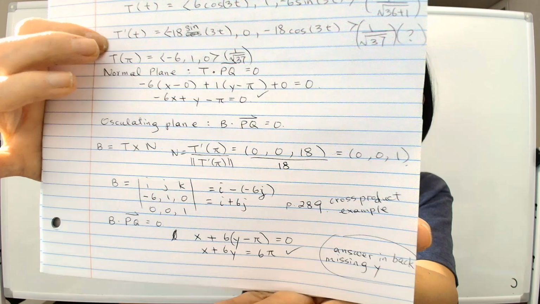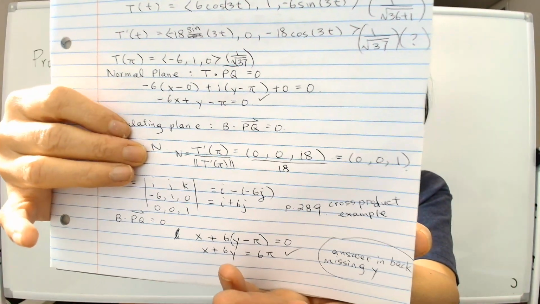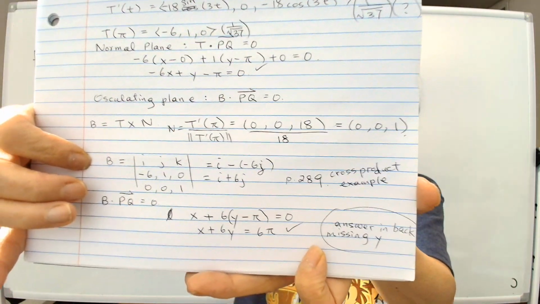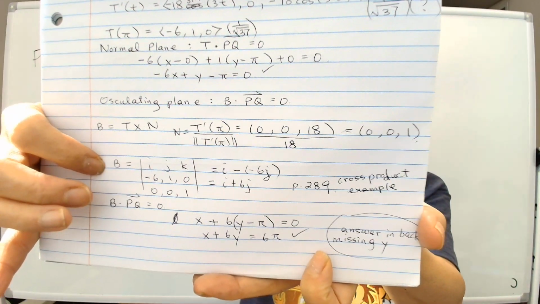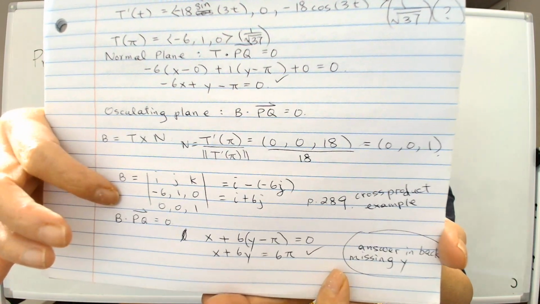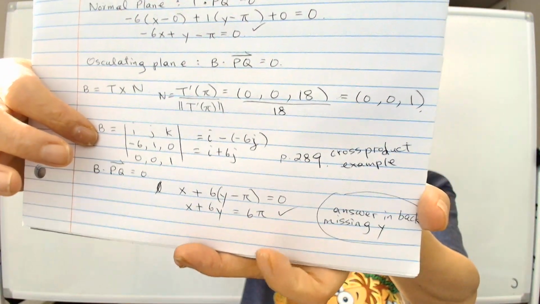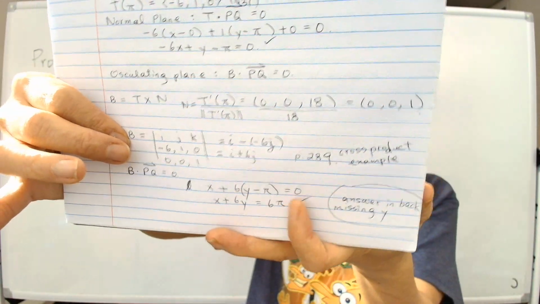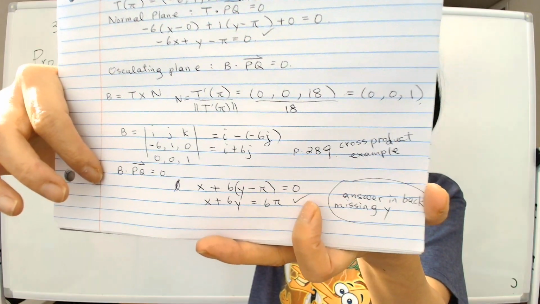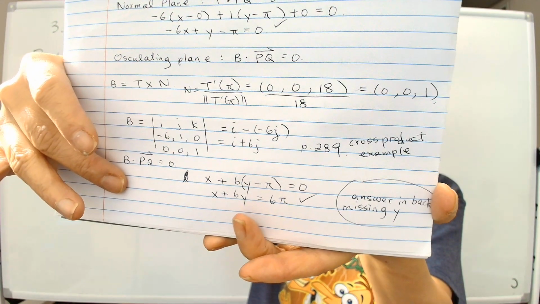Plugging in t equals pi, I end up with 0, 0, 1, which is excellent, because if you're going to do the cross product, you really want to cross it with something like that. It gives you a very quick answer, because you're multiplying by a ton of zeros. So you get bailed out. Then when you do the dot product, this is the answer.